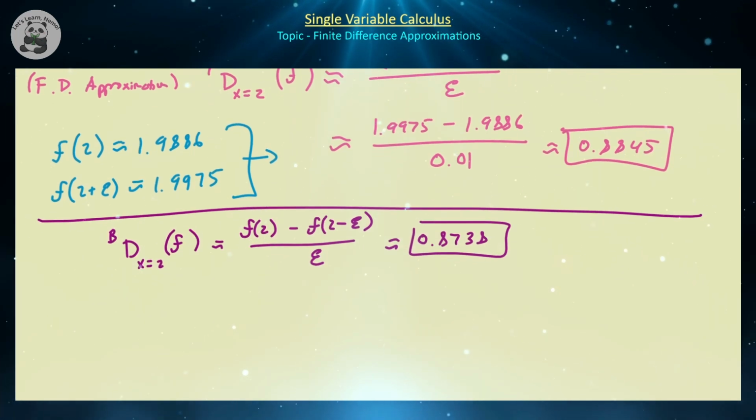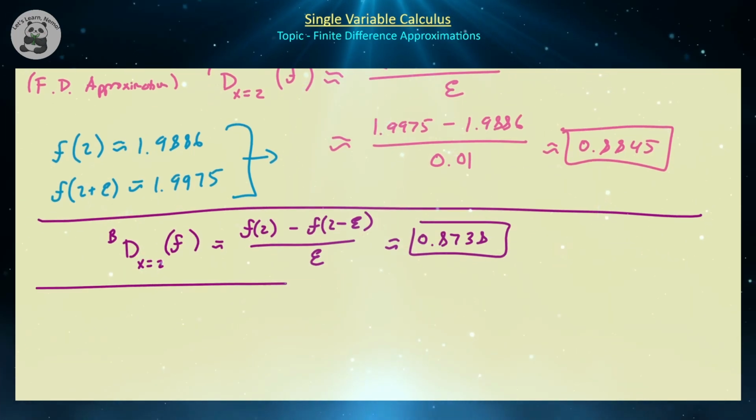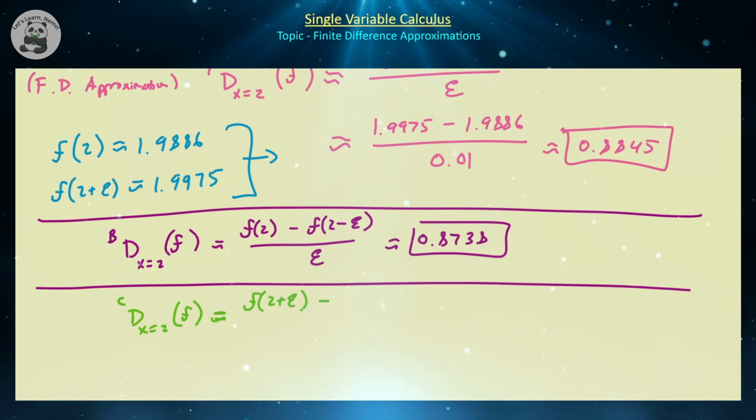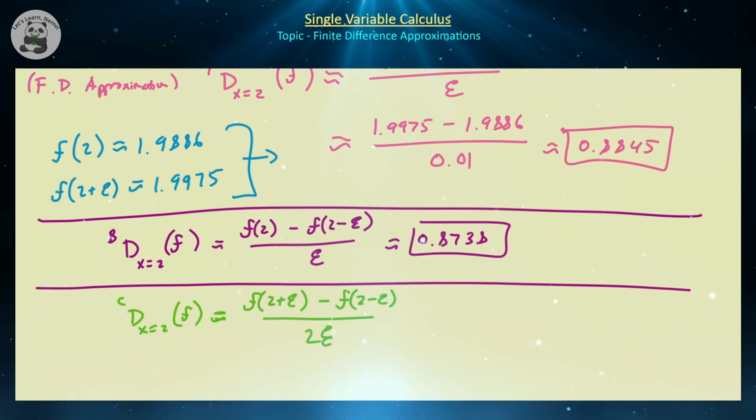So, again, on average, the central difference approximation usually is more accurate than the forward and backward difference. You can find it directly, or one could take the average of these two. The central difference approximation at x equal to 2 for this function is going to be approximately equal to f of 2 plus epsilon minus f of 2 minus epsilon, divided by 2 epsilon.